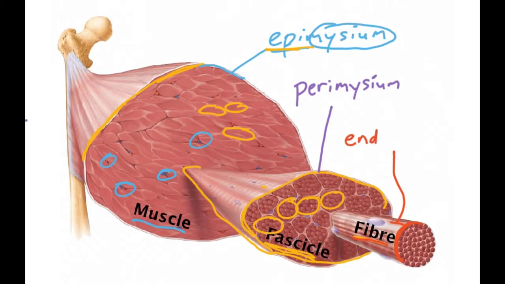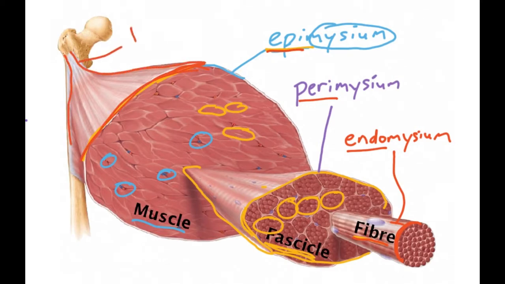This is going to be your endomysium. Zooming back out to come back to this epimysium, if you follow this out, this is a tendon. The ends of these epimysium can very much connect and form those tendons.